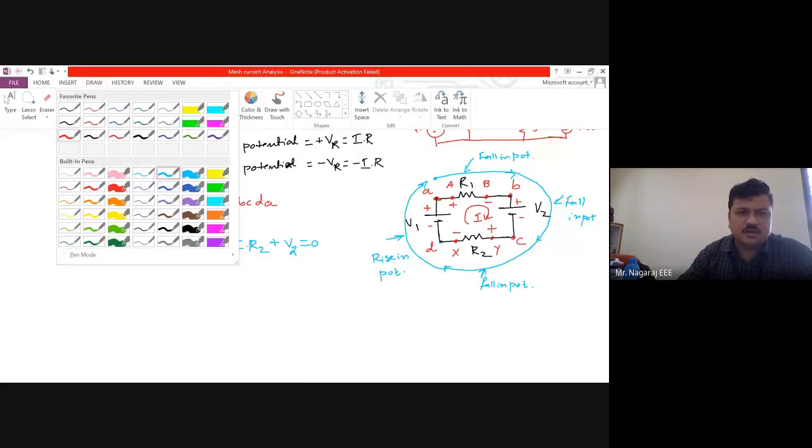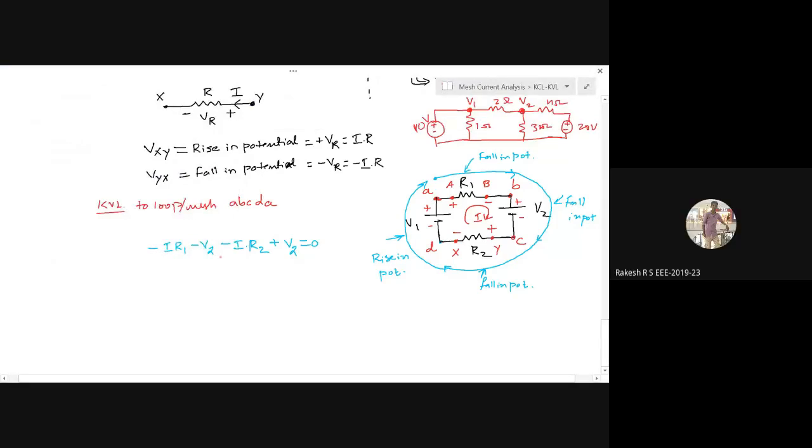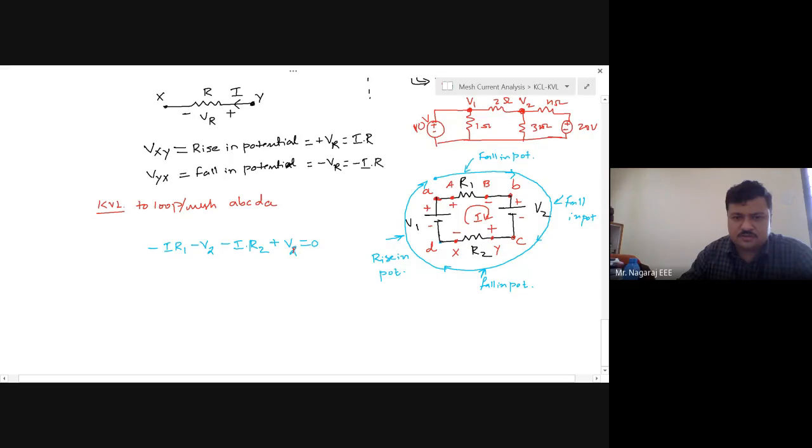So I can rewrite this expression as V1 minus V2 is equal to IR1 plus IR2. Now what are these?